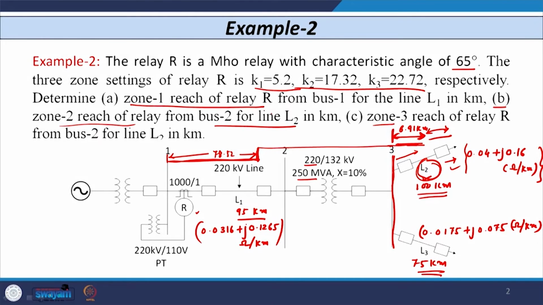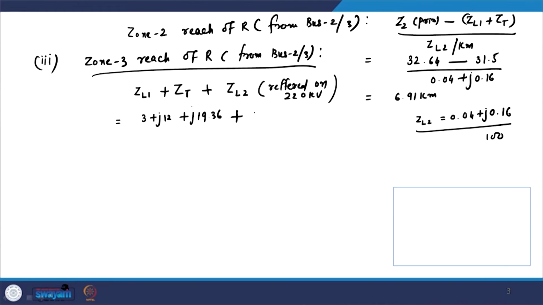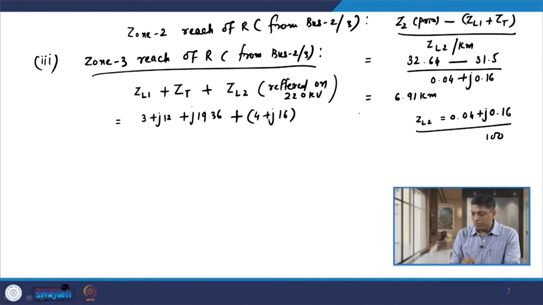So, if I consider ZL2, the value is 0.04 plus j0.16 into the line length, that is 100. So, it comes out to be 4 plus j16, and this value we need to refer to the 220 kV side.